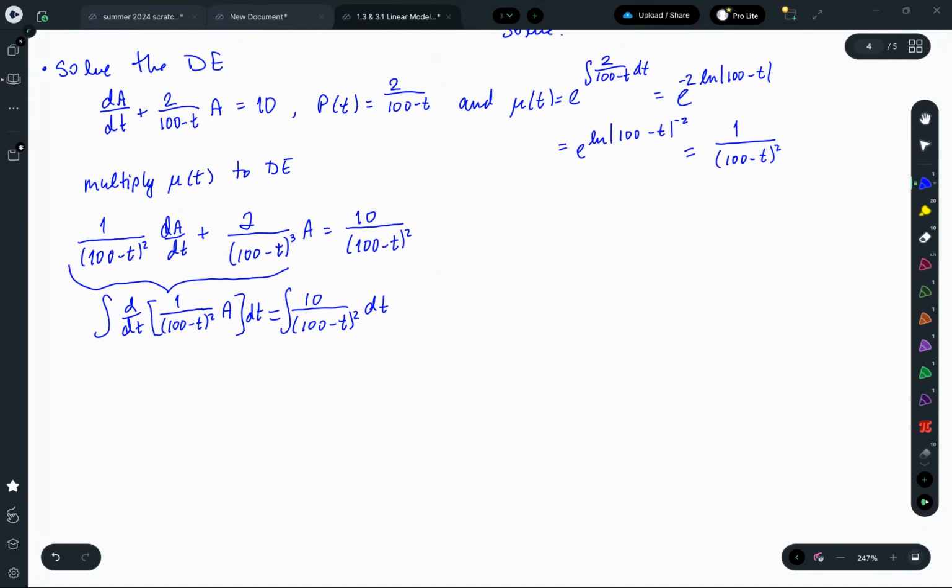Great. All right, on the left-hand side, the fundamental theorem of calculus helps us, thank goodness. We get 1 over the 100 minus t all squared a equals. On the right-hand side, that's also going to be a u substitution. And we'll go ahead and show this u sub.